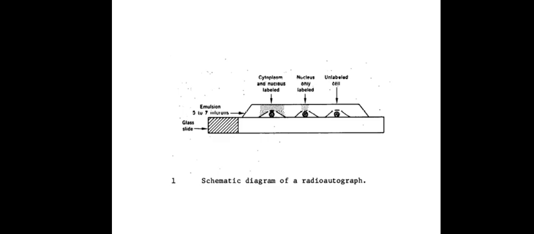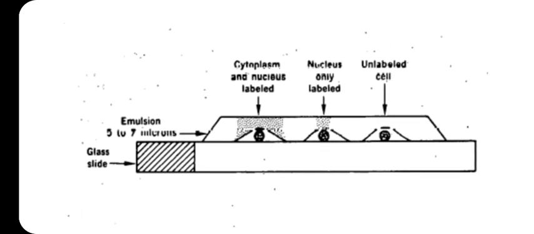So this is the schematic diagram of the radioautograph. Here is the slide, and there is a cell of your interest. What you have done is treat your cell with a radiolabeled molecule.